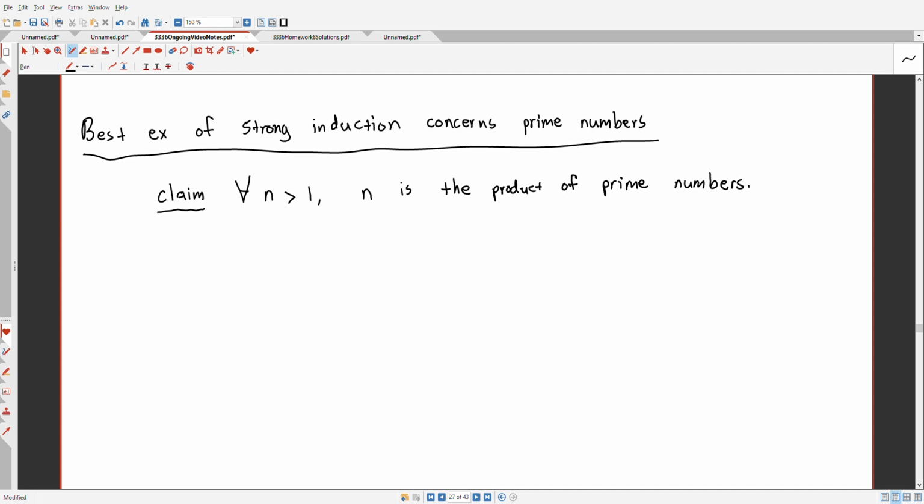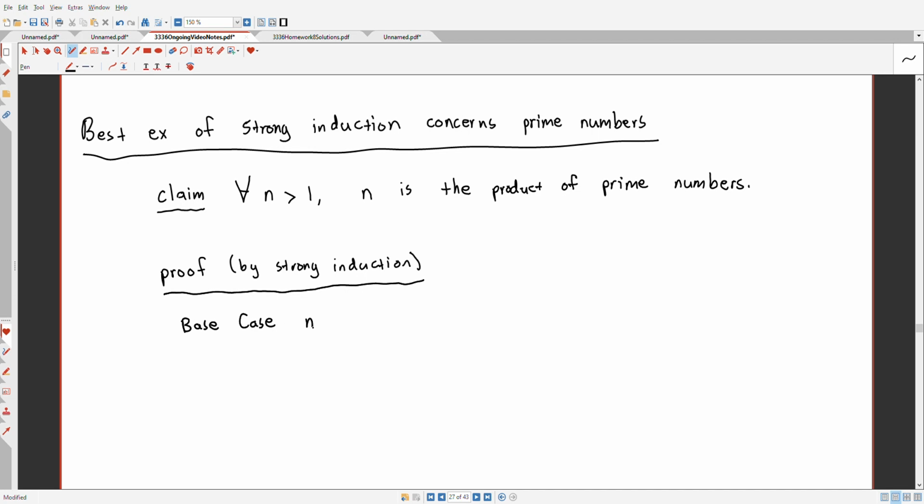So this is what I'd like to prove, and because this is a statement with a starting point, it would start at n equals 2, right? And it's a statement for infinitely many things. It's an ideal candidate for induction. It turns out we're going to prove this by strong induction. So, proof using strong induction. Our base case is pretty simple.